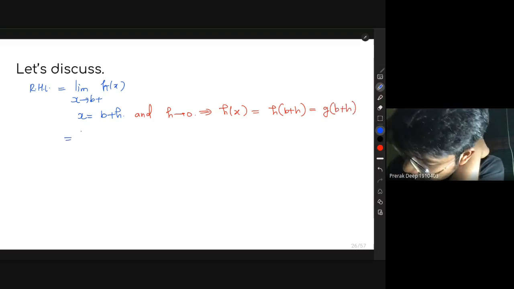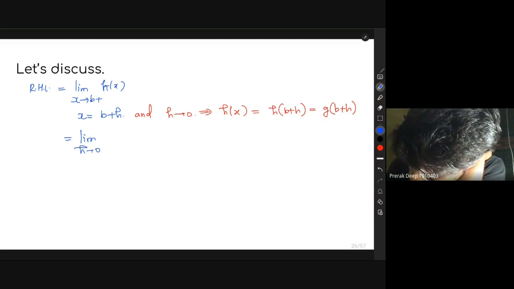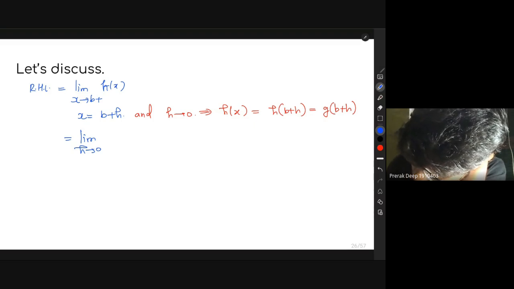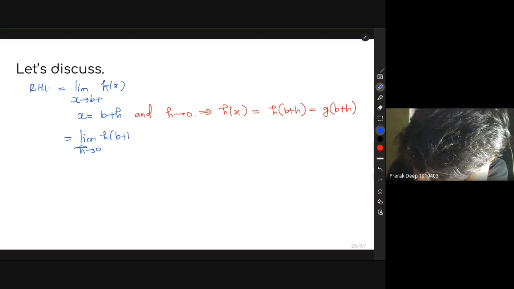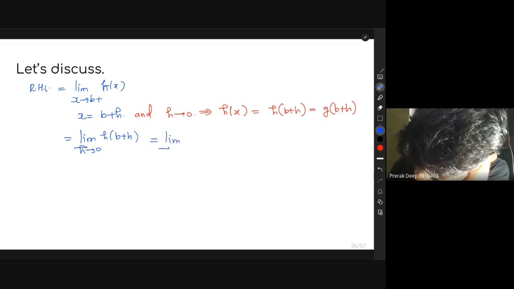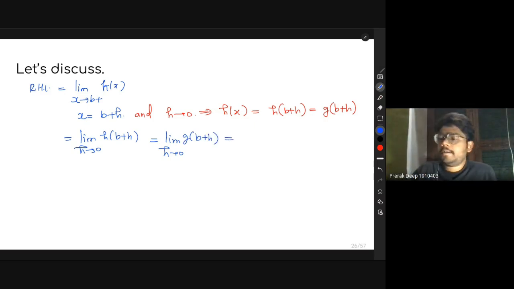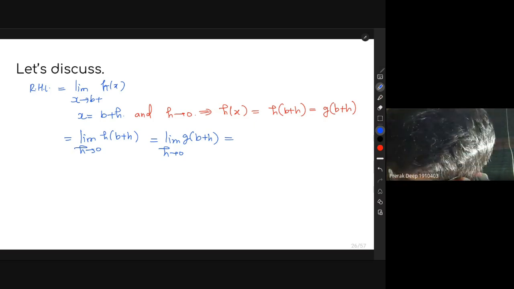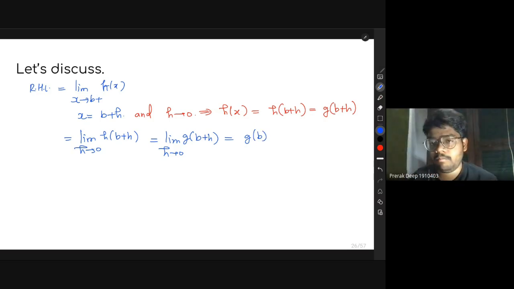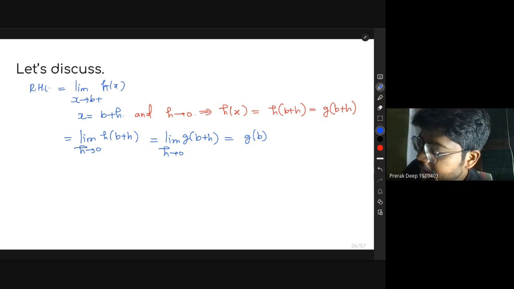So now this will be the limit as h tends to 0 of g(b plus h). Now we know that this limit is equal to g of b. Why? Because g is a continuous function at b, so this is equal to this.